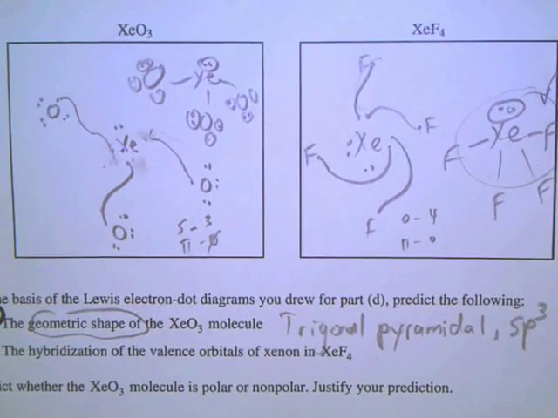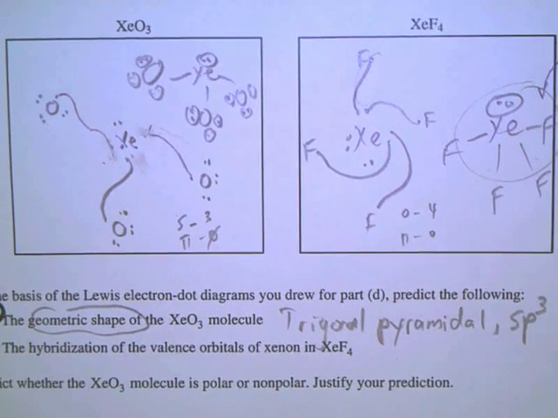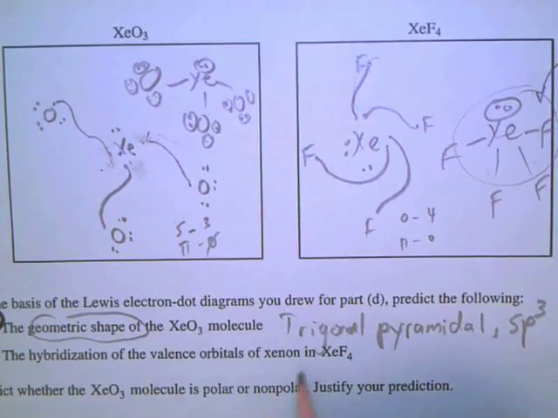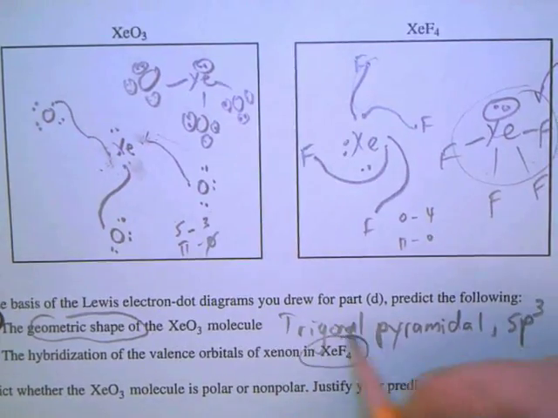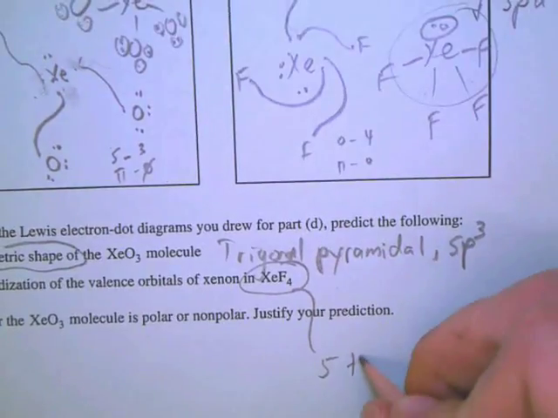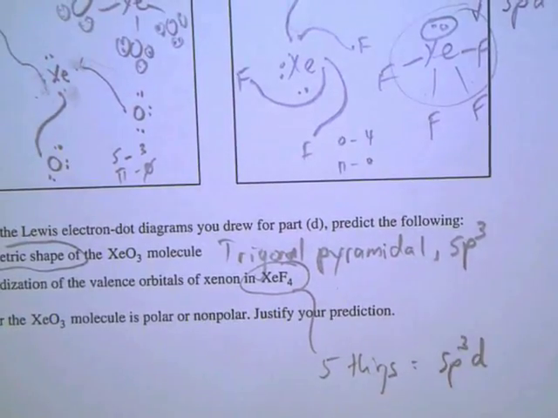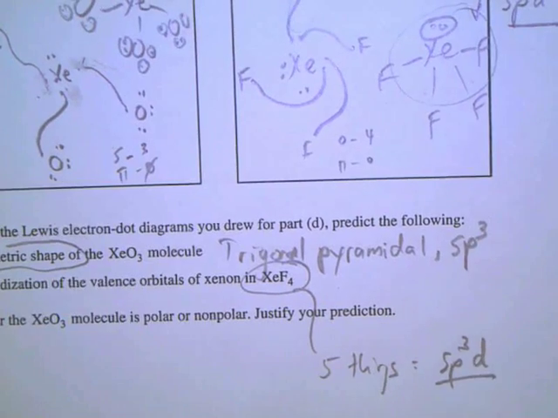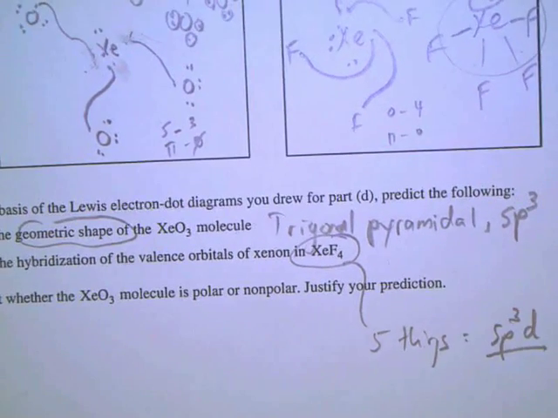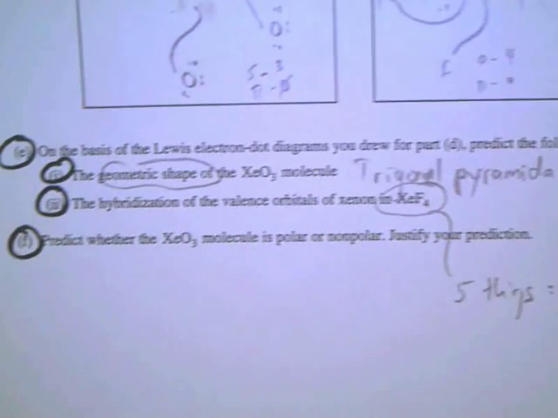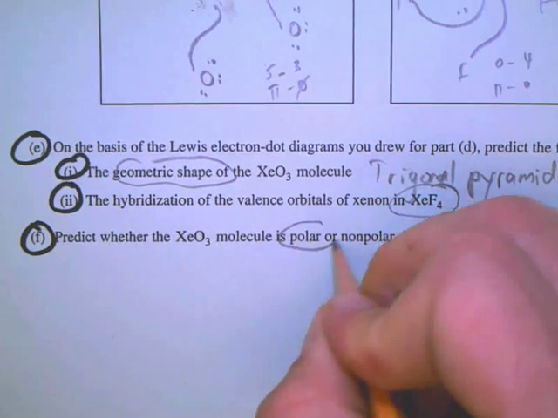They didn't ask us that, but might as well go ahead and do it. The hybridization of the valence orbitals in xenon. Okay, we just did that. There's 5 things here, so that's sp3d. And predict whether XeO3 molecule is polar or non-polar.